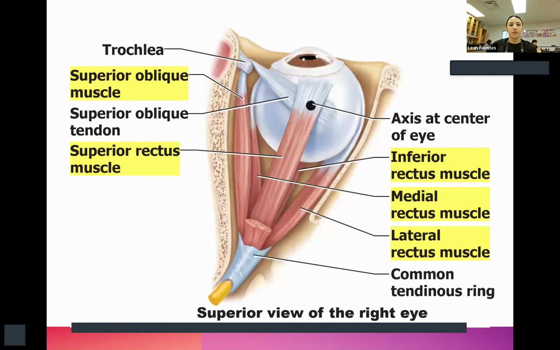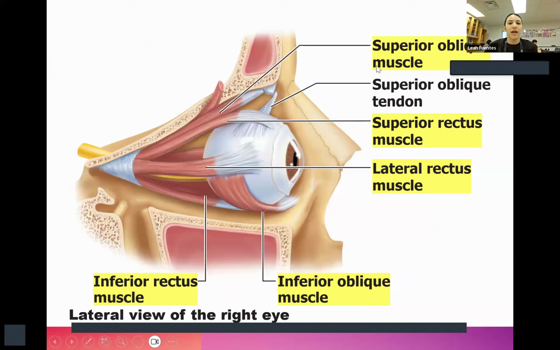Let's see. So first we have our superior oblique muscle. And then right underneath that is the superior rectus muscle. That one is directly sitting on top of your eyeball. On the side, we have our lateral rectus muscle.